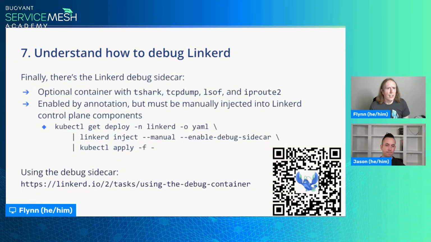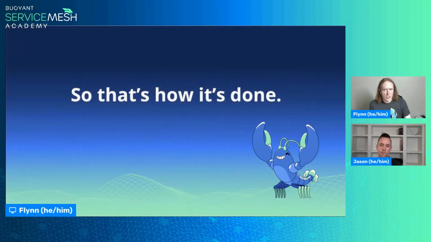It's basically a container that we ship that just comes with tshark, TCP dump, LSOF, and IP route 2, which can be really handy for looking around at some of the details of what's happening in your cluster, as long as you're running in an environment where that container can have the necessary capabilities that it needs to be able to run all this stuff. Some runtimes simply don't permit this, so it's not always going to be useful, but where it's useful, it can be very useful.